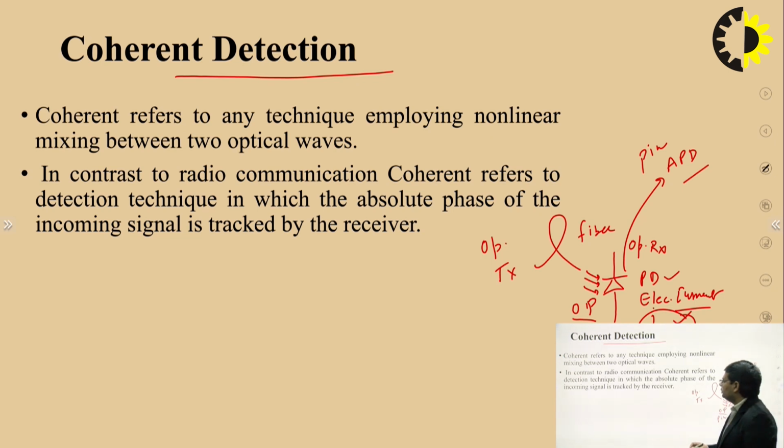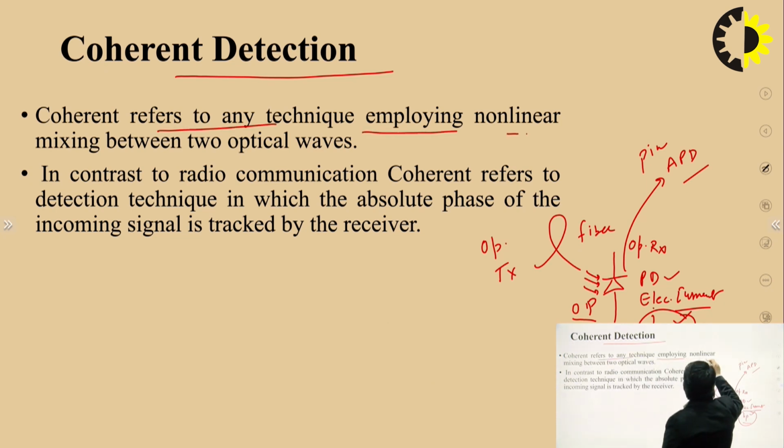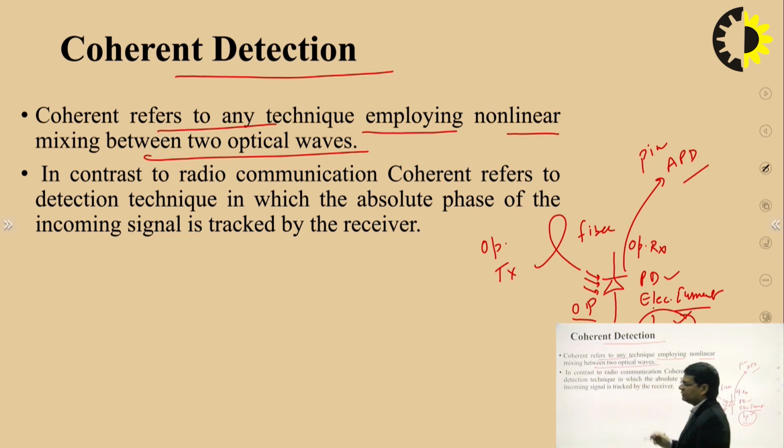So, what do you mean by this coherent? Coherent means any technique that is employing non-linear mixing between the two optical waves. That is, basically we will have the optical signal after passing through the fiber.